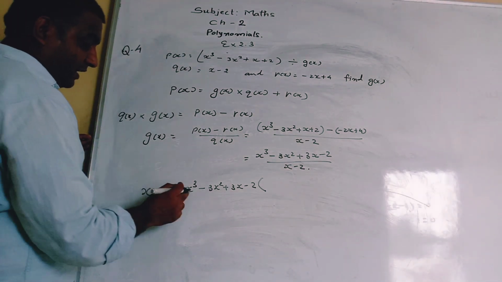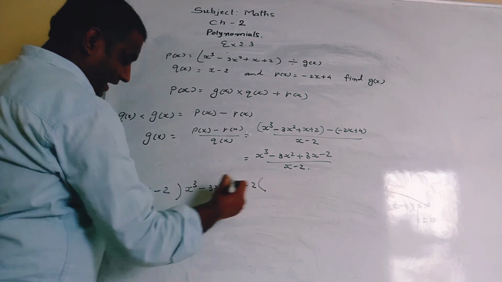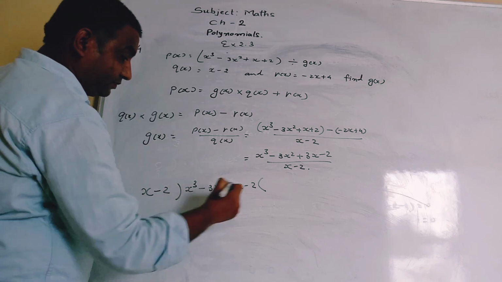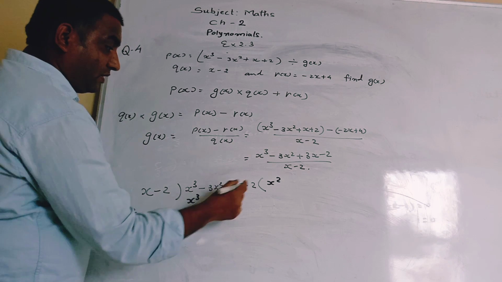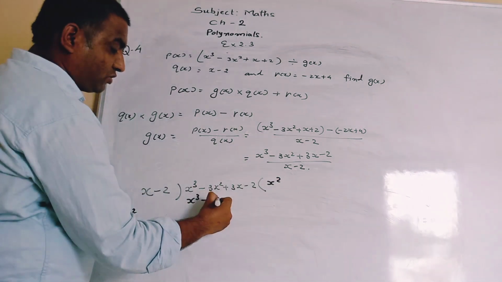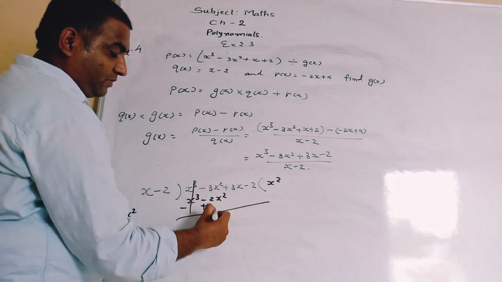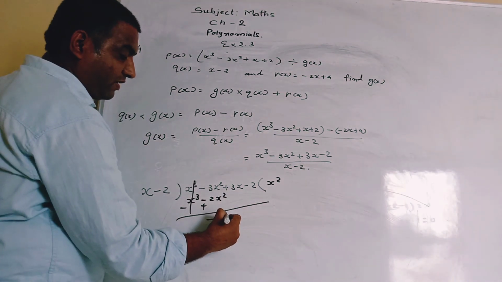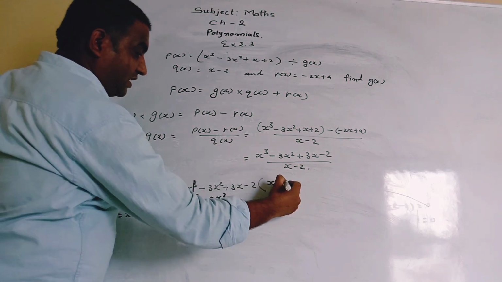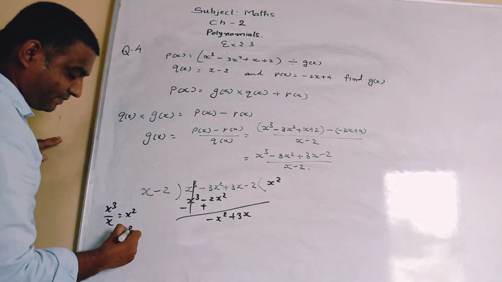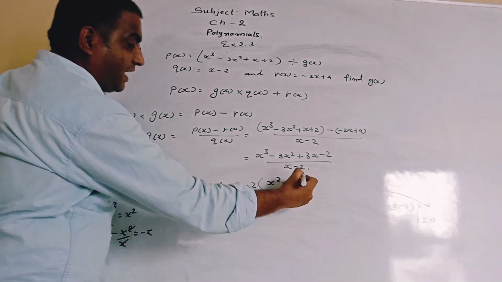Then we get x cube divided by x, then we get x square. So x square into x is x cube, x square into minus 2 is minus 2x square. So minus plus cancel, minus 3 plus 2 is minus x square, plus 3x. So minus x square divided by x will be minus x, so minus x.